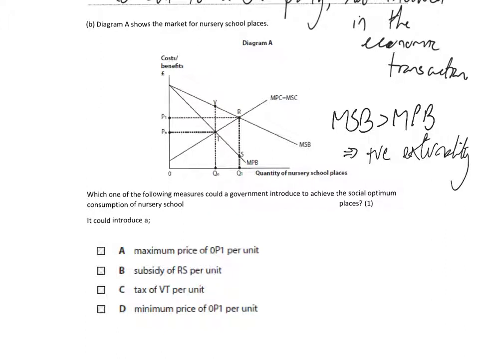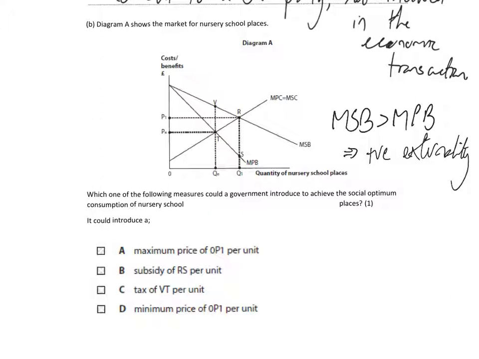What we also see here is that the marginal social benefit curve is increasingly diverging from the marginal private benefit curve. And I want you to think, as you're going through this feedback exercise, why that might be and what that tells us about the positive externality.